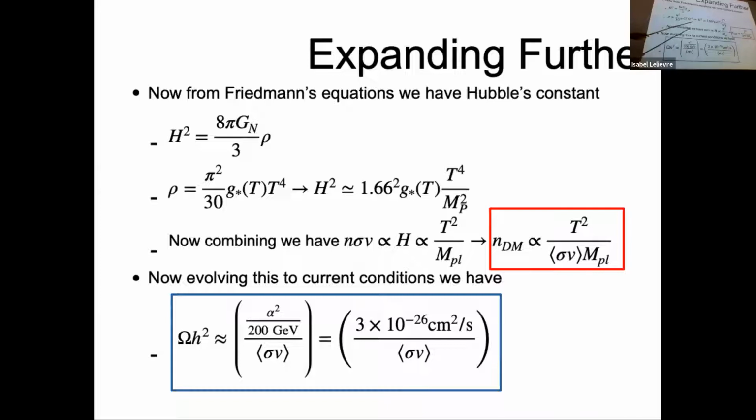And so that means that H squared is going to be proportional to temperature to the 4th, times some constants. And H, we said, was proportional to the number density times the cross section times the velocity, which means that the number density for dark matter at freeze out is proportional to the temperature squared over the thermalized cross section times some constant.